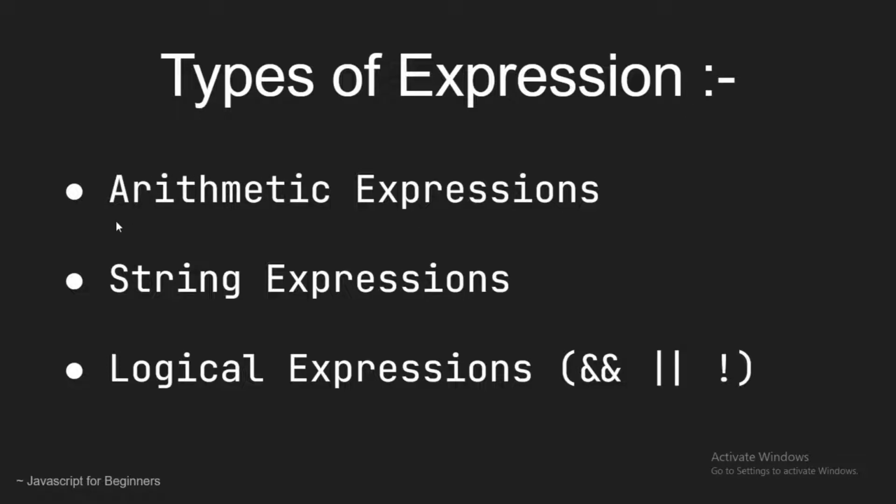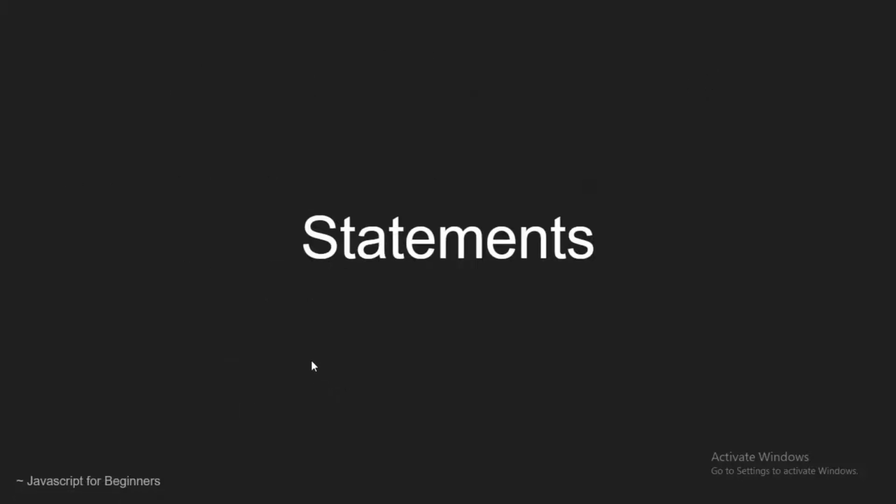An arithmetic expression, as the name suggests, needs to deal with numbers, and a string expression needs to deal with strings. Logical expressions need to deal with some sort of logic. If the statement is dealing with some sort of logic, then we can use a logical expression right over there.